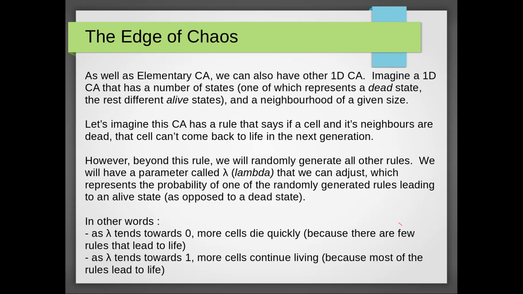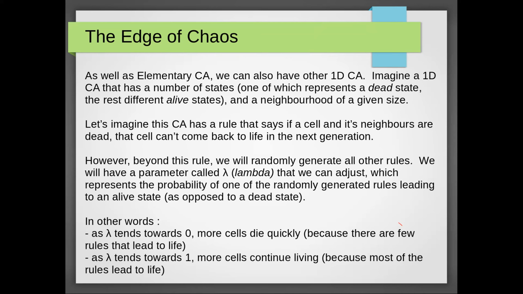But for all of the other rules that will essentially generate potential life, we're going to randomly generate them. And we're going to have a parameter called lambda that we can adjust. Lambda will basically represent the probability that one of these randomly generated rules will lead to an alive state as opposed to a dead state.